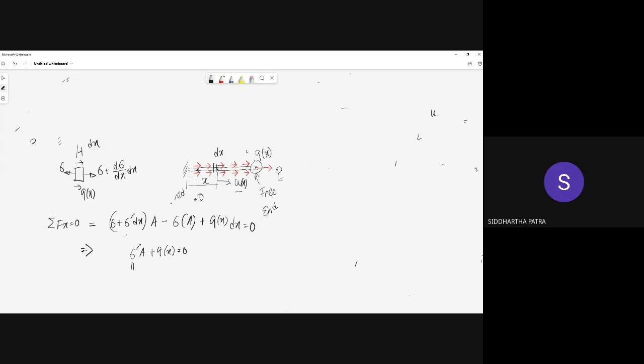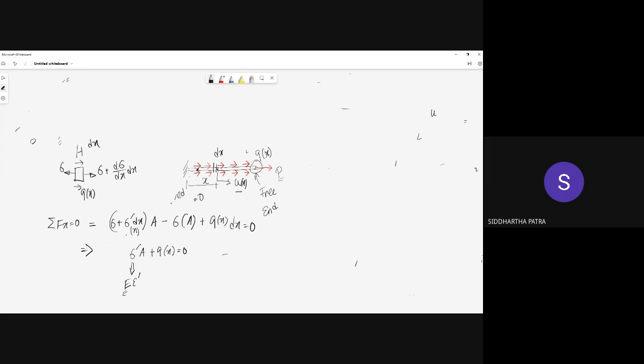Now sigma prime is a function of x, so I can write it as E times epsilon prime, because we are assuming the material to be homogeneous, so Young's modulus is not changing across the length.